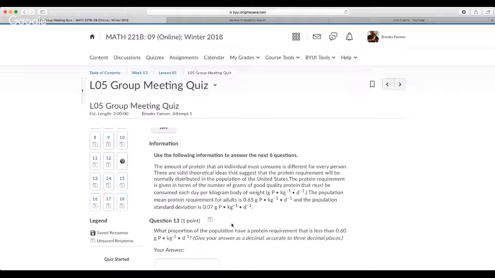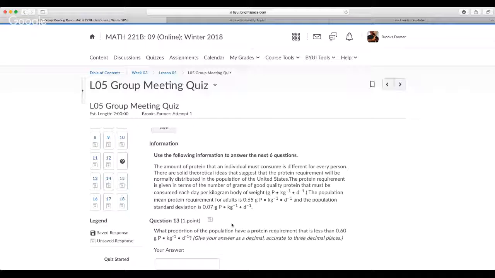The protein requirement is given in terms of the number of grams of good quality protein that must be consumed each day per kilogram of body weight. The population mean protein requirement for adults is 0.65 grams, and the population standard deviation is 0.07 grams.